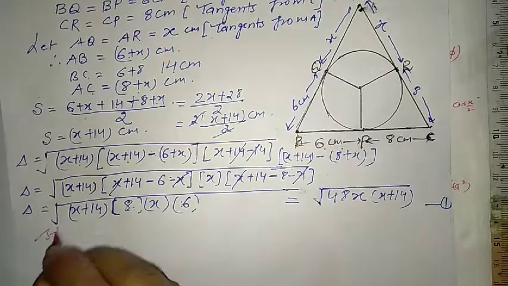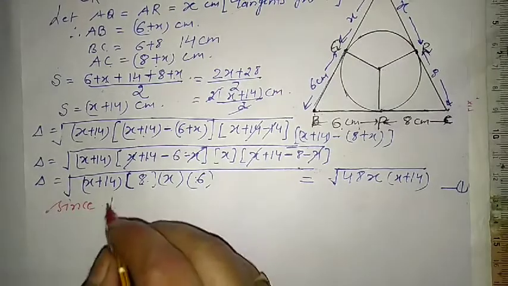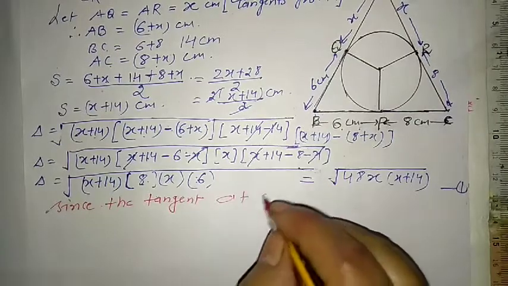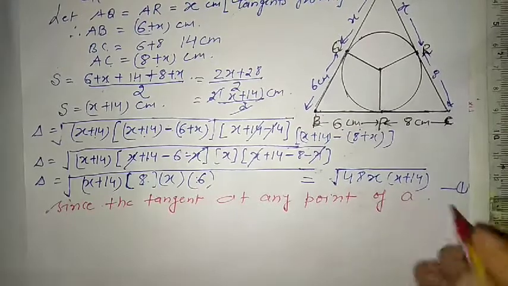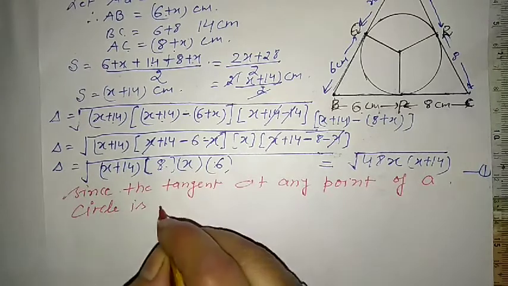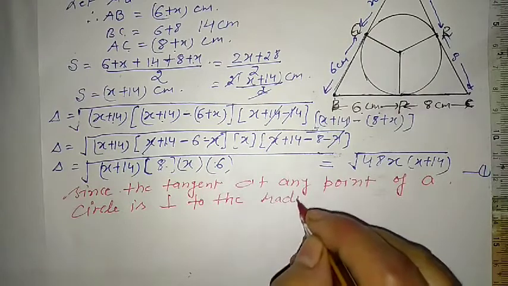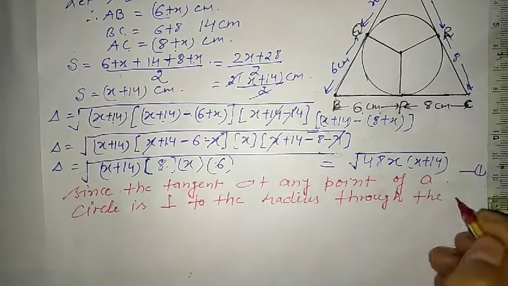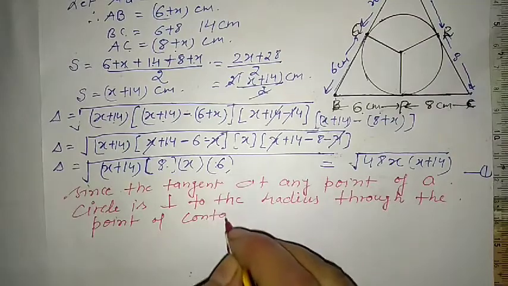So now what point have we got here? Since, you know that, the tangent at any point of a circle is perpendicular to the radius through the point of contact.